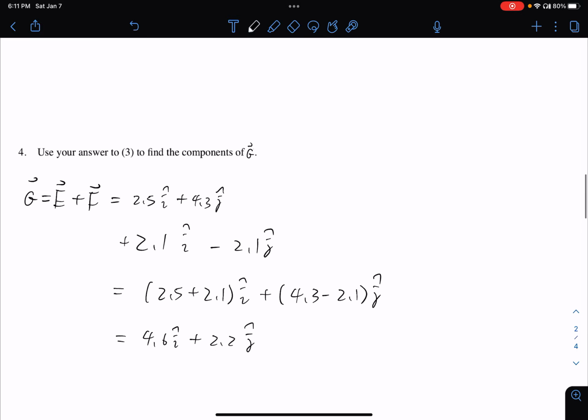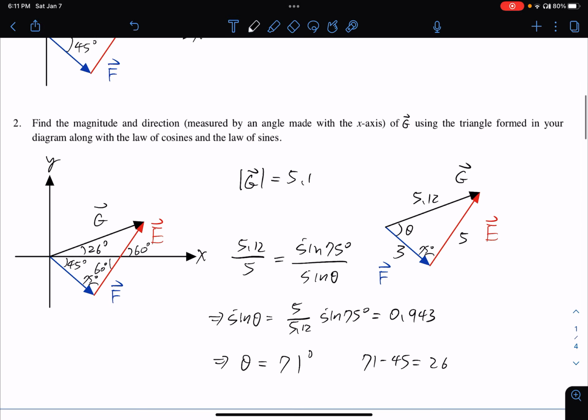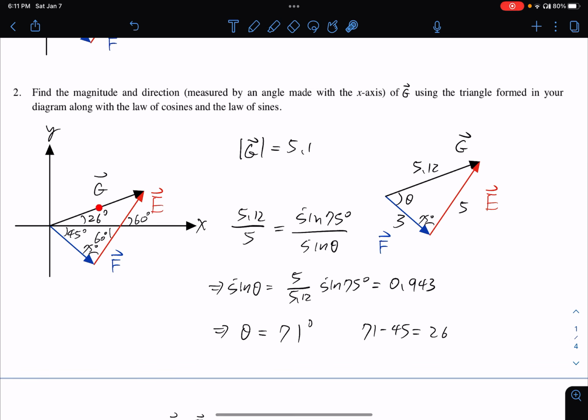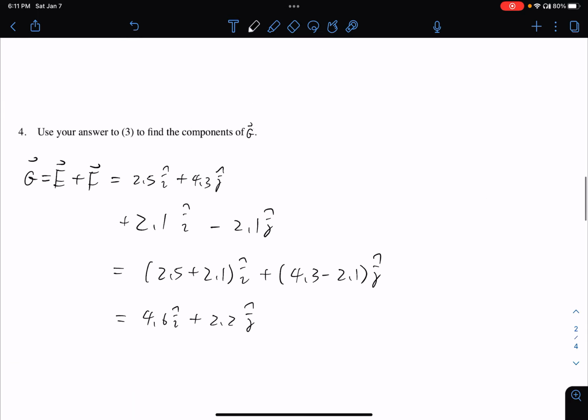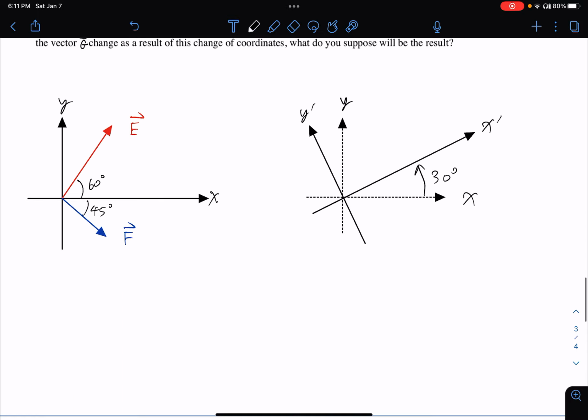When we look at our vector G, we see that it is making a 26-degree angle with the x-axis. So we know that it will look something like this, and it should be 26 over here. So the angle between the new x-axis, which is x prime, will be 4 degrees.